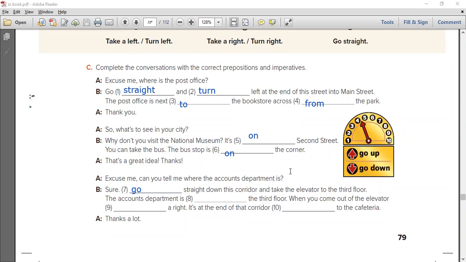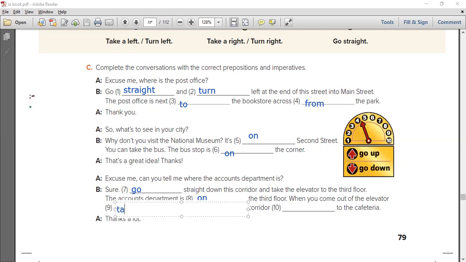What? You don't understand the lesson? The easiest lesson that you can get participation marks. Yes, Rimaz. On. Yes, very good. On the 3rd floor, because I'm talking about floor, that's why I'm going to use on. When you come out of the elevator, a right. Farah.